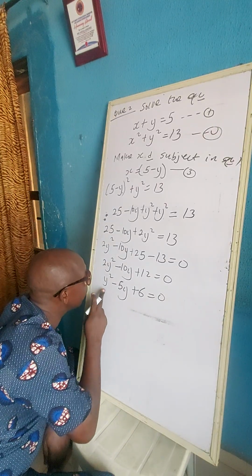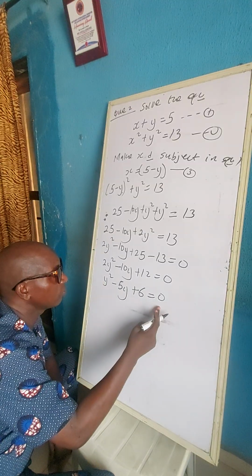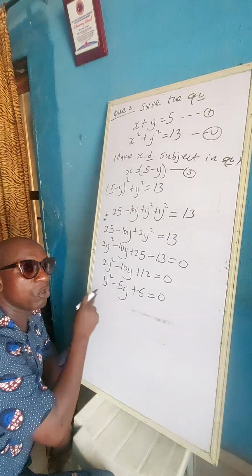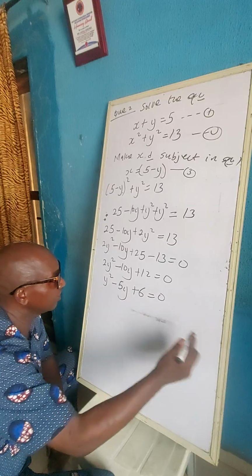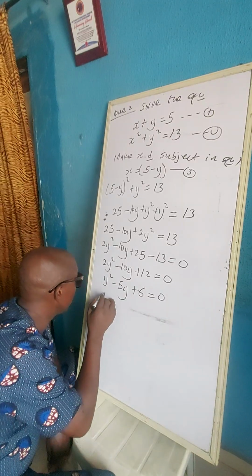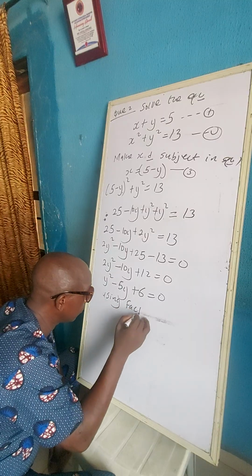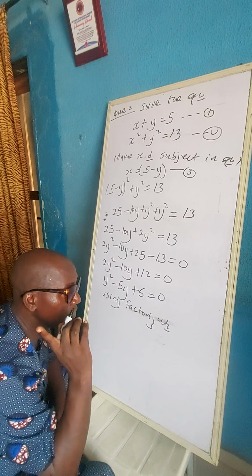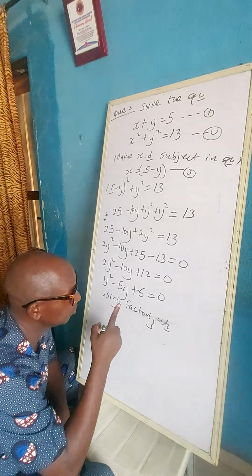That means y squared minus 5y plus 6. Then this has turned to a quadratic equation. That means if you didn't know quadratic equations, you would not be able to solve this. Using the factorization method, if you didn't know it, go to my previous page where I did quadratic equations, and you'll be able to know it.